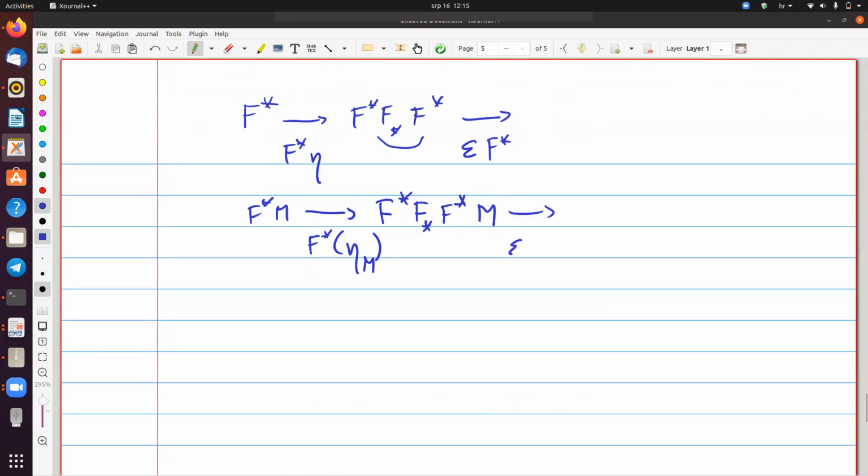That means epsilon component at F upper star M goes to F upper star F lower star of that, sorry, to F star M. This goes from F upper star F lower star of F upper star M to F upper star M, of course.